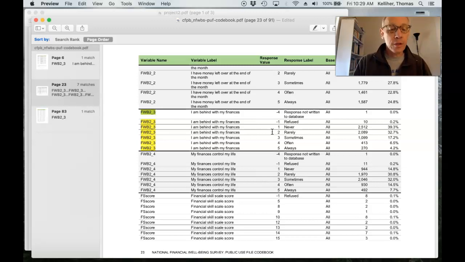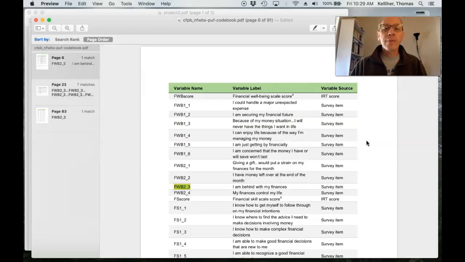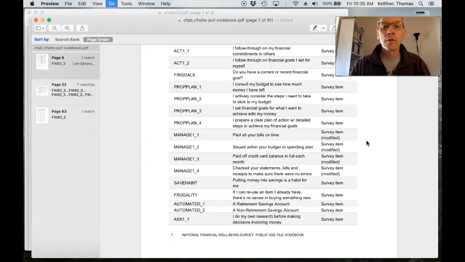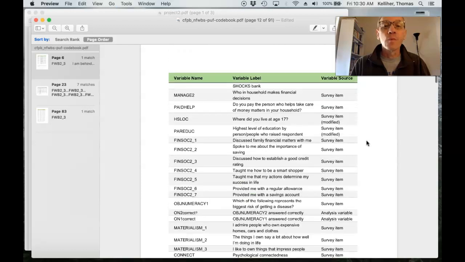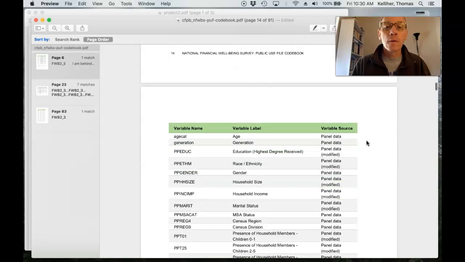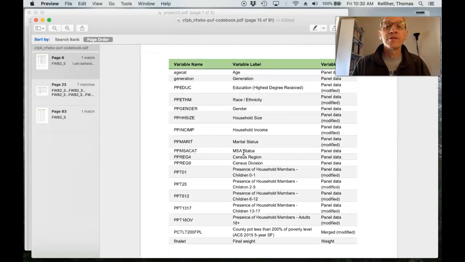Then the next step, go back. We like to compare one group to another. So the survey includes demographic information as well, and that begins on page 15. Let's go to page 15. We have these demographic fields: age. I don't think this is an exact age. Let's look at age.